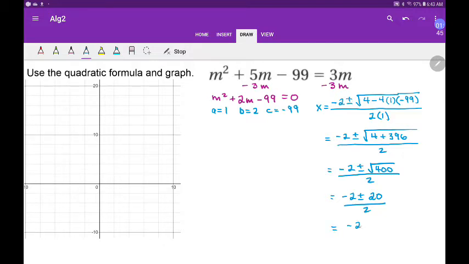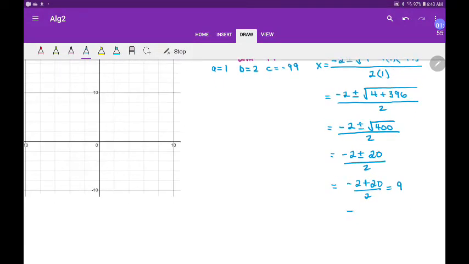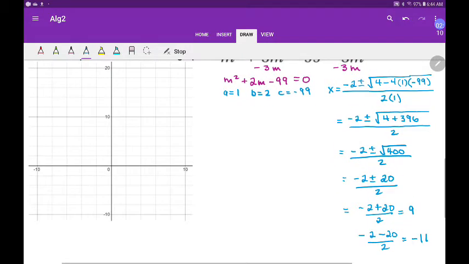So minus 2 plus 20 over 2, that's 18, divided by 2 is 9. Or we'll have minus 2 minus 20 over 2, and that's going to be negative 22 over 2, that's negative 11. Okay, so those are my two.